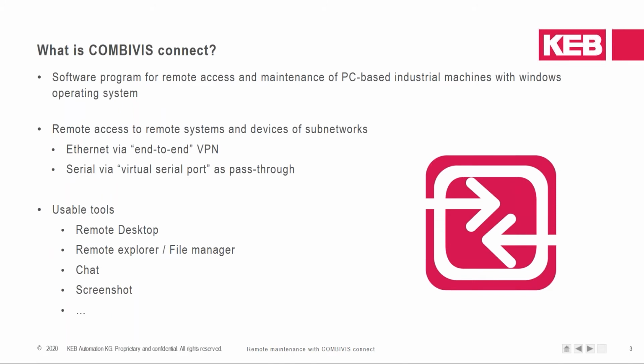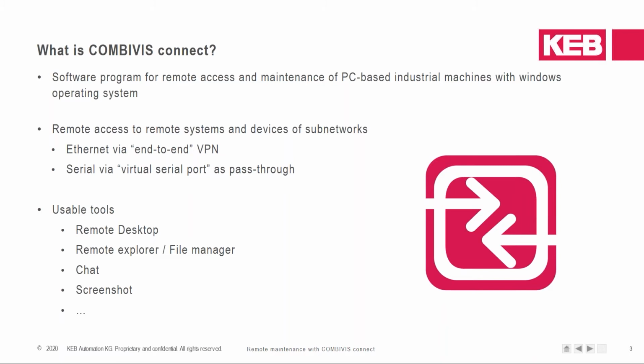COMBIVIS Connect is a software program for remote access and maintenance of PC-based industrial machines with a Windows operating system. So you see that is the first sentence. This software is based on our remote access, which we can install on our computer.